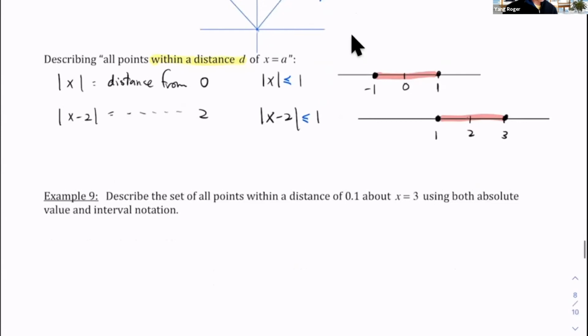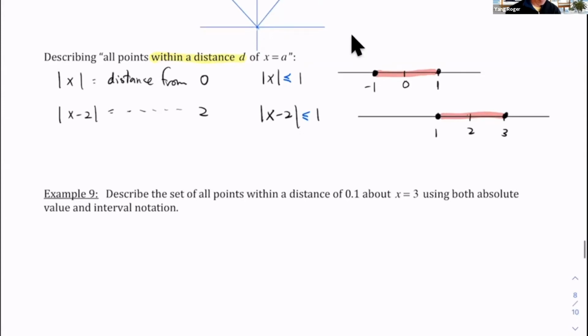What we do sometimes is we solve these things algebraically as well. So let me discuss that with you. Let's say that I wanted to describe the set where absolute value of x minus 3 is less than 2, and I want to do it algebraically, not necessarily with a graph.